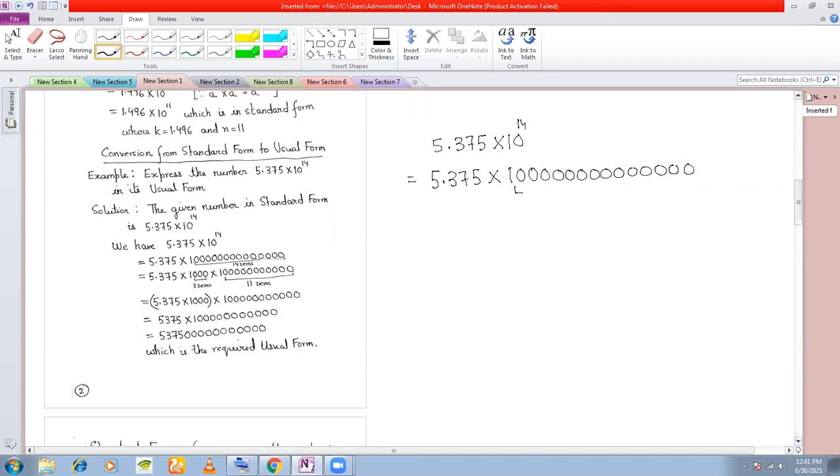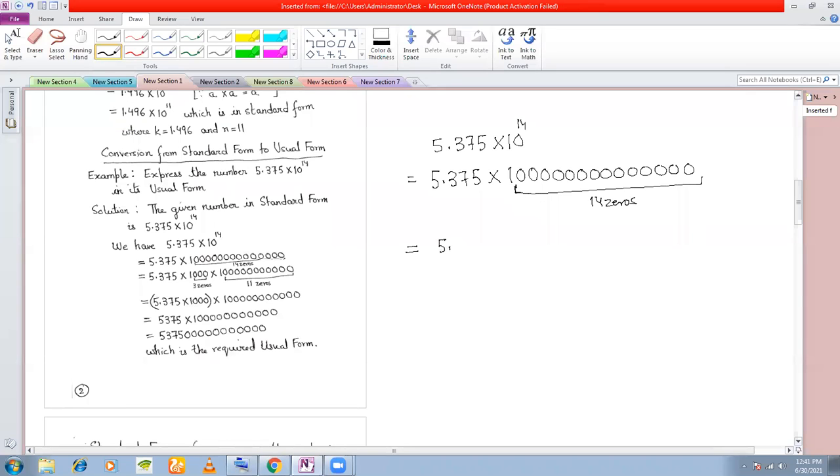Now you know that when a decimal number is multiplied by this many zeros, how many decimals we have to shift? We have to shift an equal number of places. To which side? We have to shift to the right.